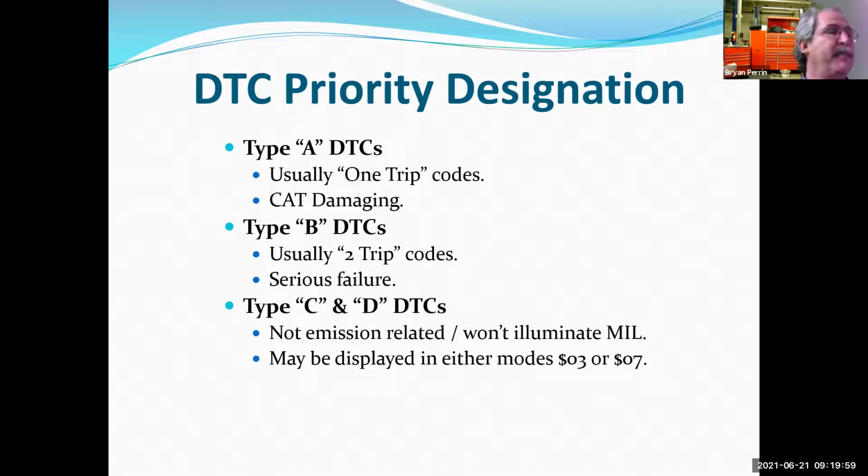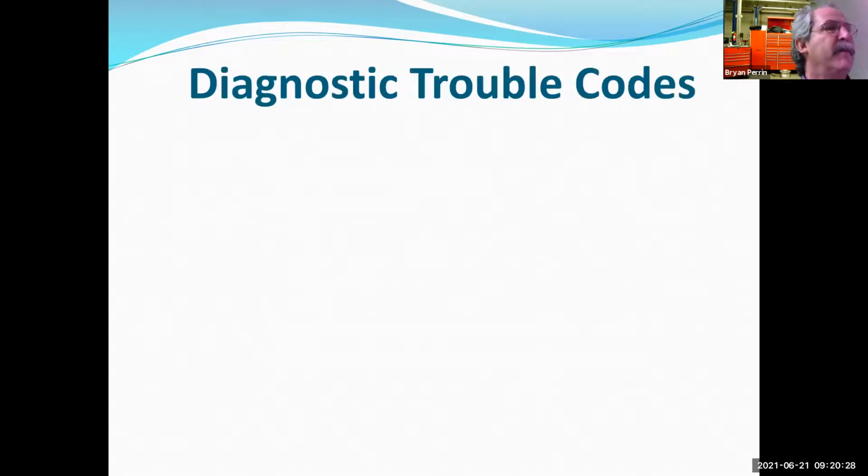Well, if they're lying, they've been doing it for over 20 years and the EPA hasn't come down on them yet. So maybe they're not, maybe they don't do much with that sensor, or maybe they've already detuned it. I have no idea. But the same code number, meaning the same thing, might be a B code for one manufacturer and a C code for another manufacturer. Remember, C and D codes can't turn on the MIL.